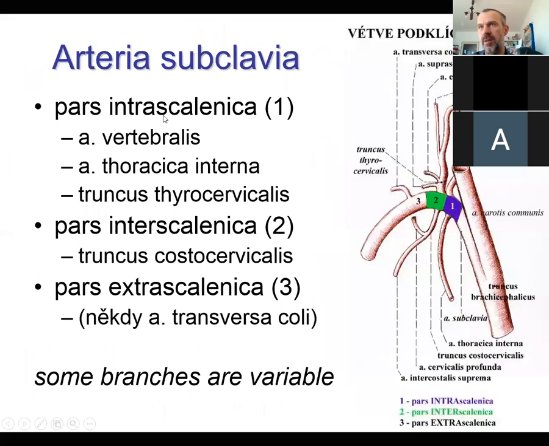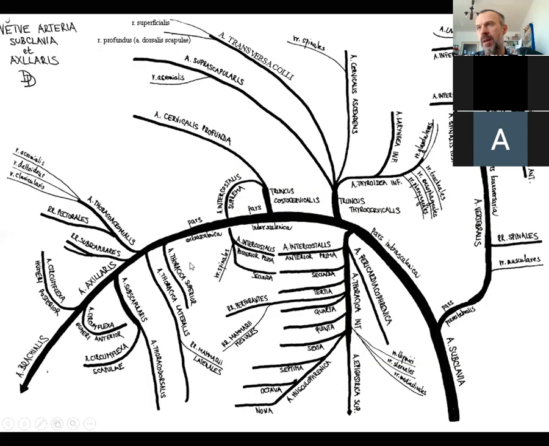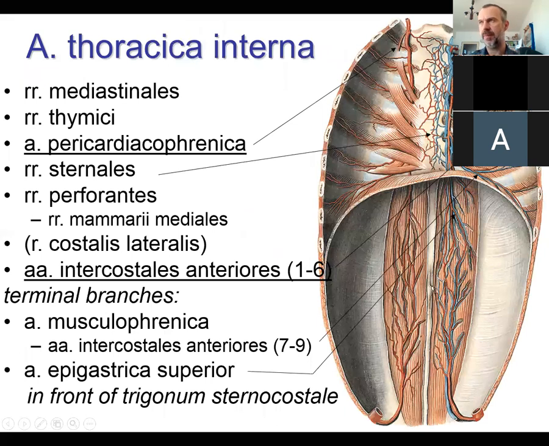So the first interscalene part, vertebral artery, solved. Now internal thoracic and then thyrocervical trunk. So internal thoracic artery runs caudally, and when it reaches the diaphragm, it continues as superior epigastric and forms anastomosis with inferior epigastric inside the rectus abdominis muscle.